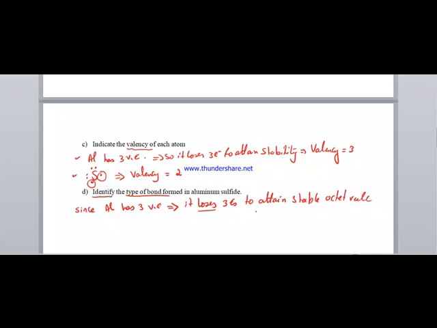Since it loses electrons, aluminum forms a positive ion, the Al3+ ion. Since sulfur has 6 valence electrons, it gains 2 electrons to attain a stable octet, as aluminum loses and the other element gains.